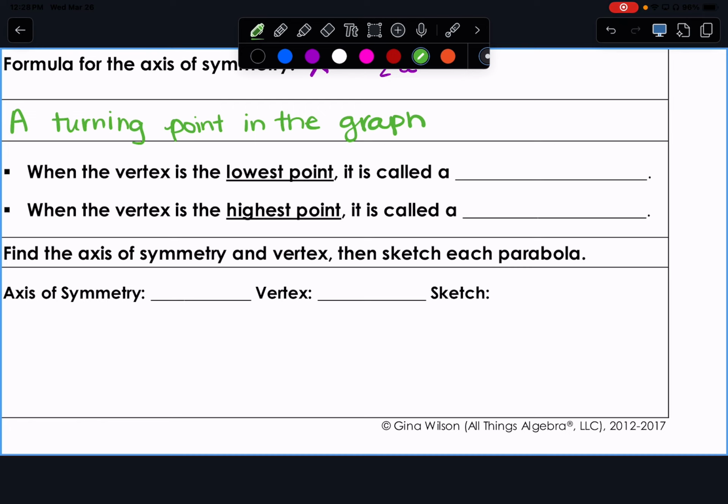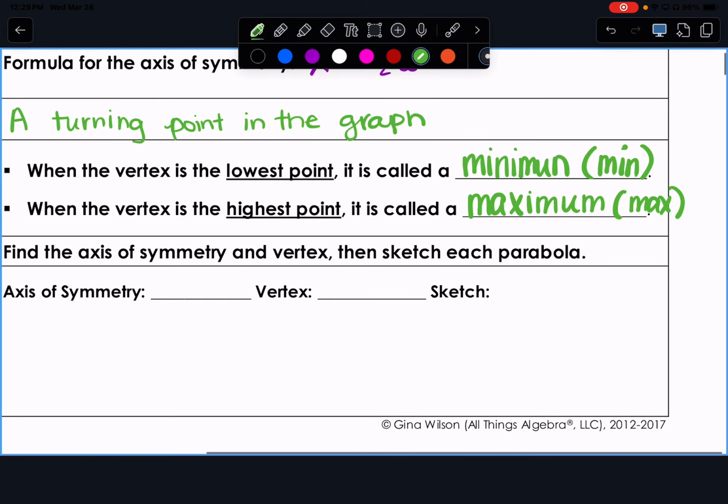When it is the lowest point, it is called a minimum. I'm okay if you say min. Now, what if it's the highest point? Maximum. And we can write that as max.